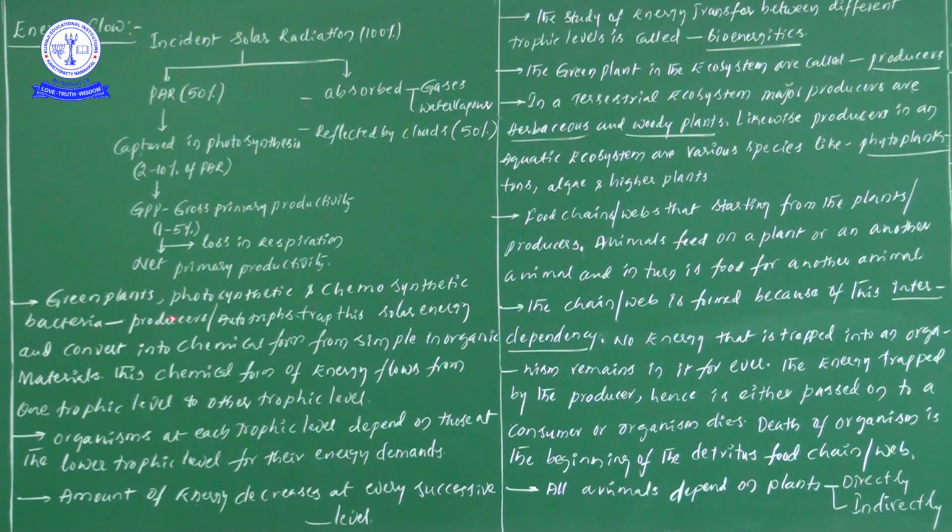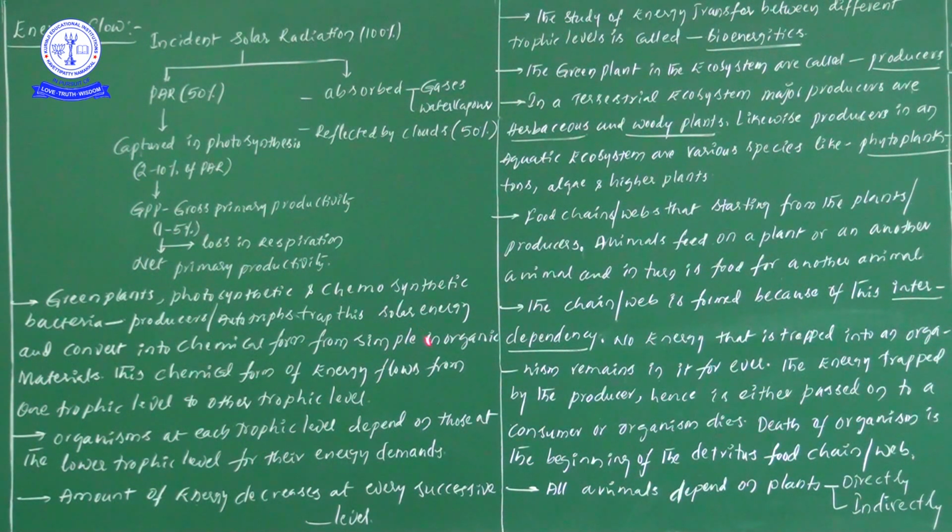Green plants definitely have the capability to perform photosynthesis, so we call them photosynthetic plants. Likewise, chemosynthetic bacteria, and some kinds of bacteria also have the capability to perform photosynthesis.